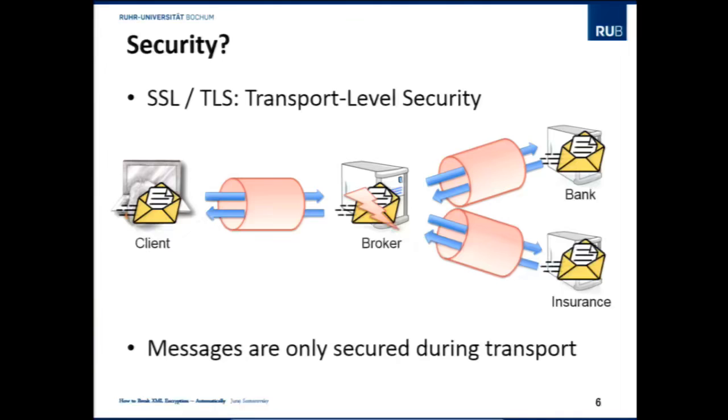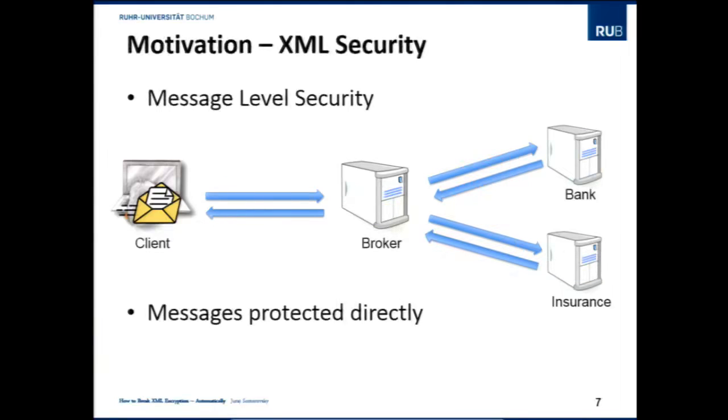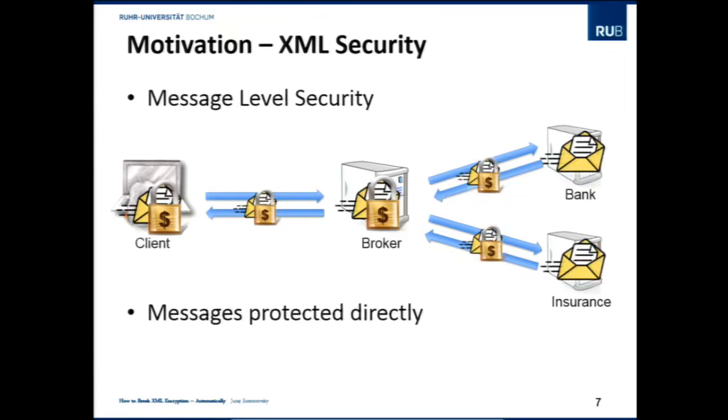So what we need is some kind of message level security. We apply a lock on the message and send it through the wire, and the broker cannot decrypt or modify it, because the message is secured directly, and only the bank and insurance company can then decrypt it.